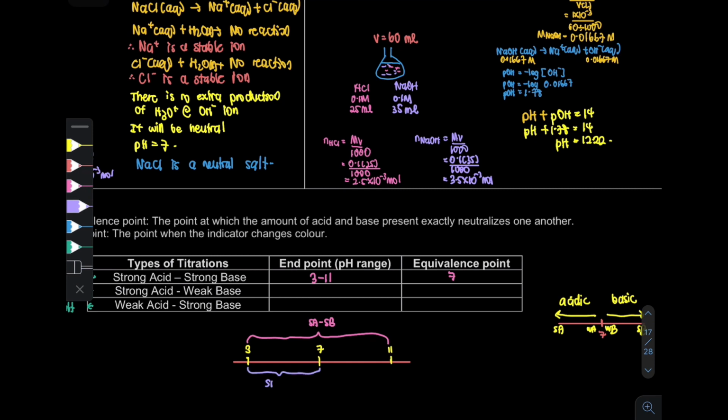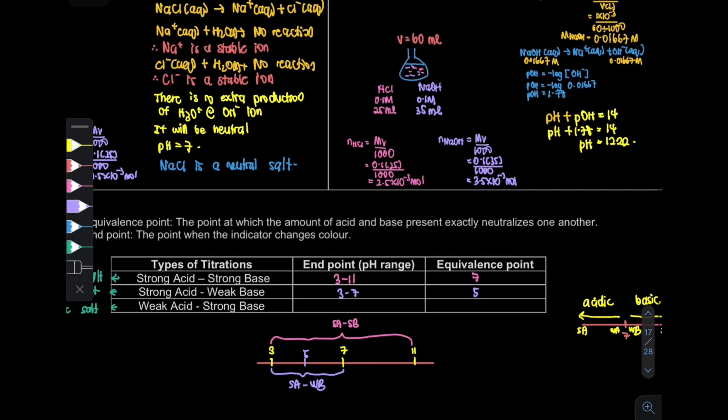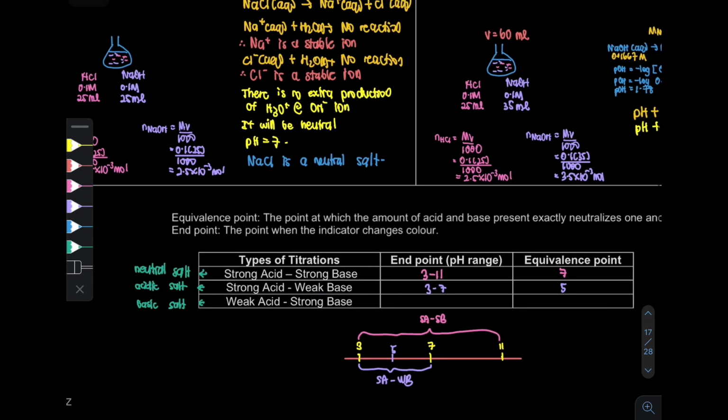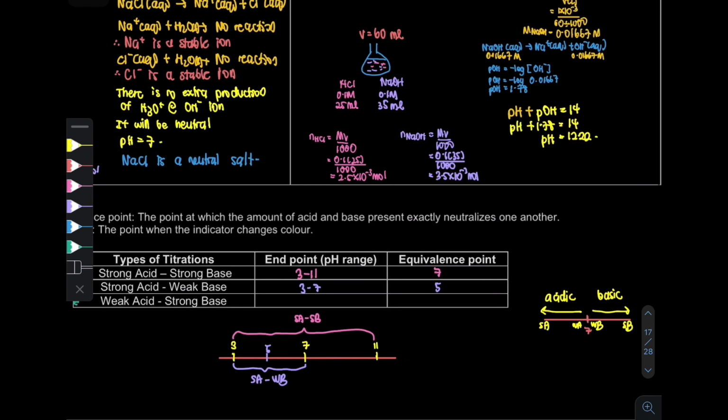So the equivalent point is in the middle. Between 3 and 7, we actually have 5. So 5 is my equivalent point. Because it will form an acidic salt, the pH is lower than 7. So that is considered acidic.